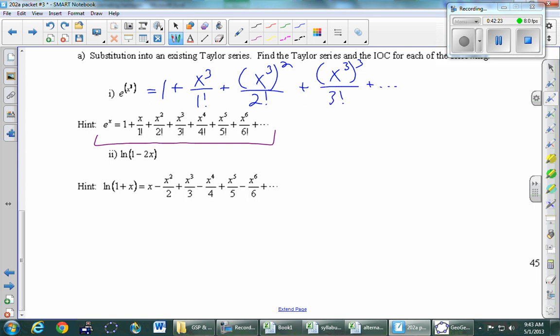And then we'll just write a few of these guys with the x's mushed together. So x cubed squared is really x to the 6th.